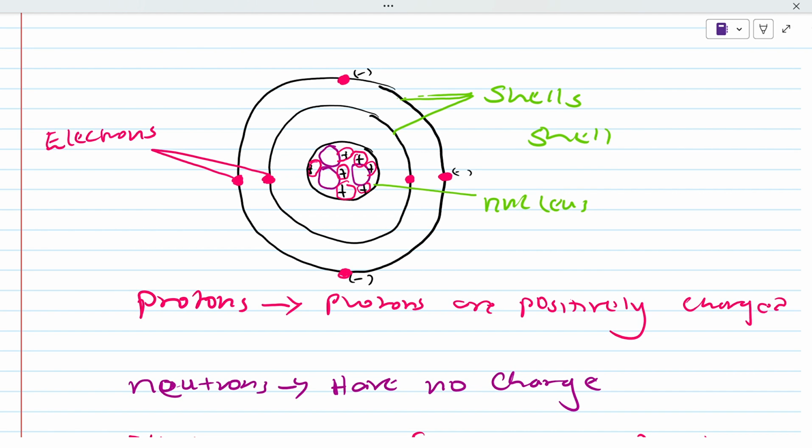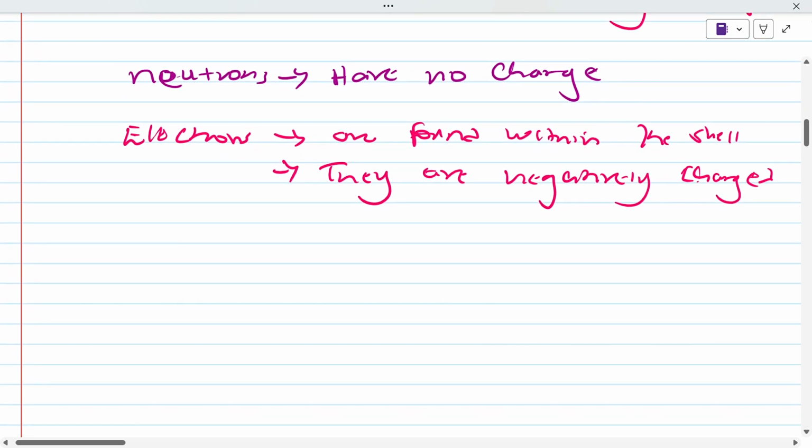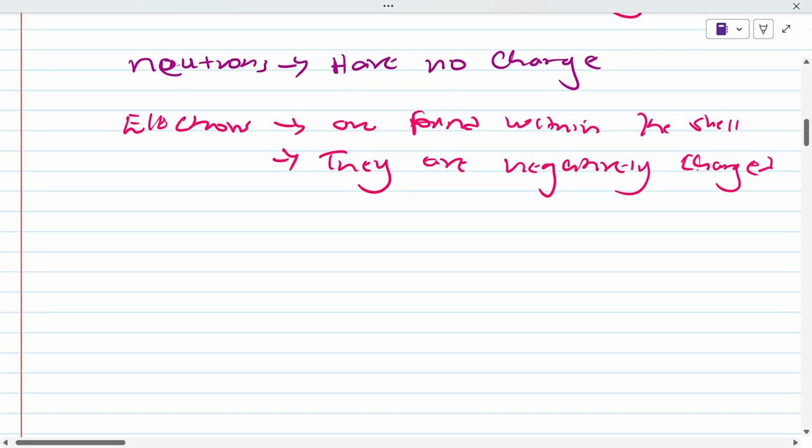So there are key things that an atom constitutes towards the arrangement of elements in the periodic table. Now, we have to know that an element can be arranged in the periodic table based on the number of electrons and protons they have.